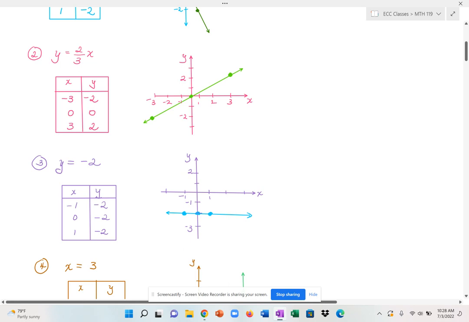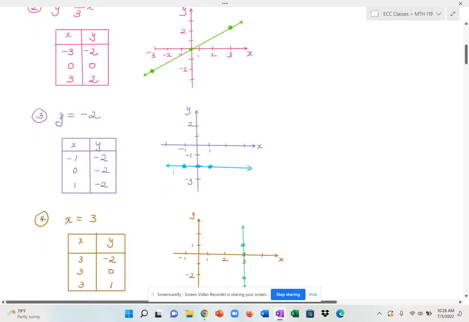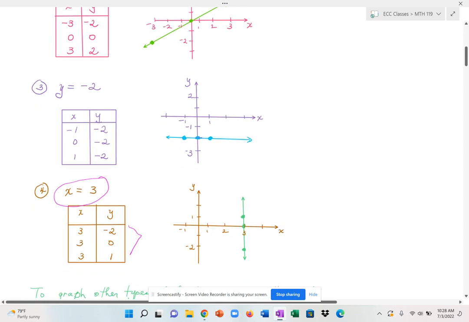And this example is also the graph of a line, but this is a vertical line where the x-coordinates are always 3. And your y's could be anything you want them to be. So I just picked 3 random values of y. Negative 2, 0, and 1. So 3, negative 2 is here. 3, 0 is here.